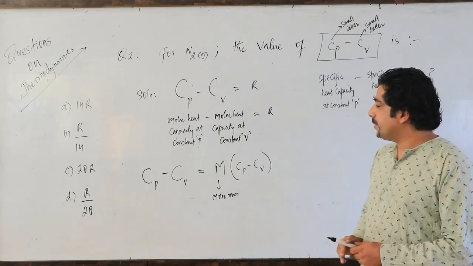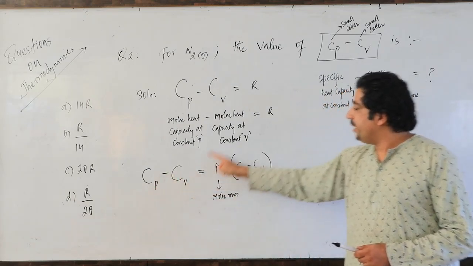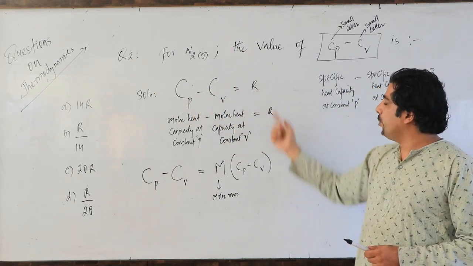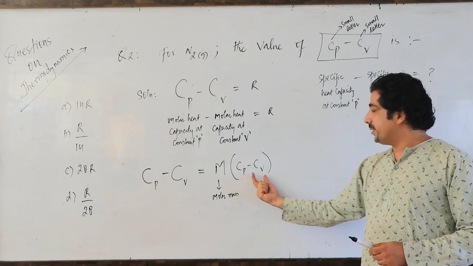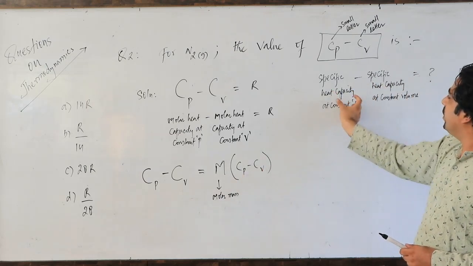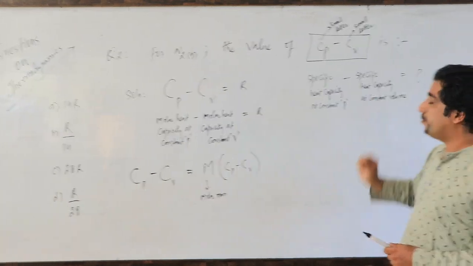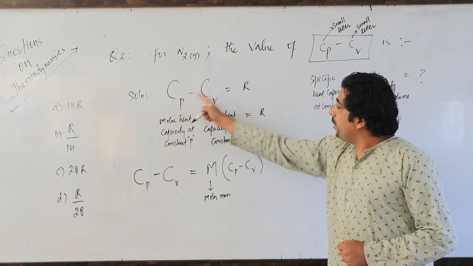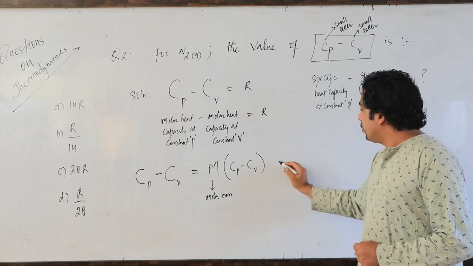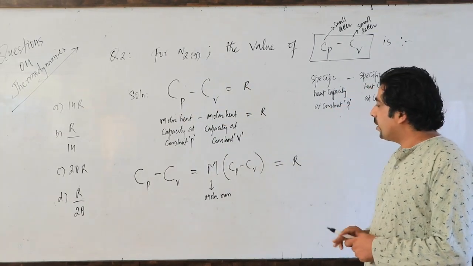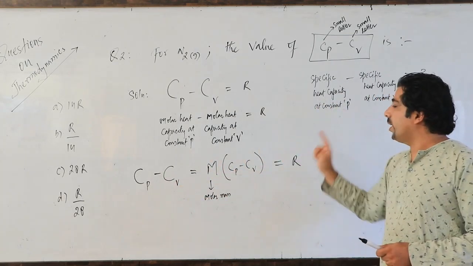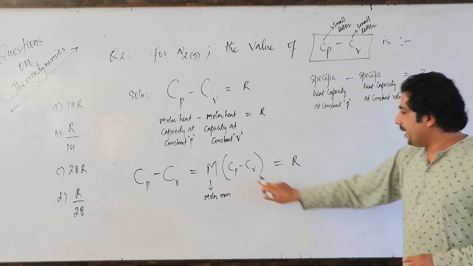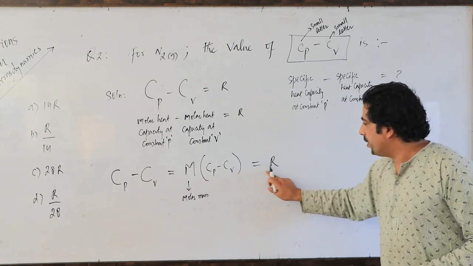And we know that capital Cp minus Cv is equal to R. And you also know that small Cp minus Cv is basically specific heat capacity at constant pressure minus specific heat capacity at constant volume. Now this capital Cp minus Cv is equal to R, so we will write down finally that it's equal to R. Now I can relate these two expressions, my dear friends.